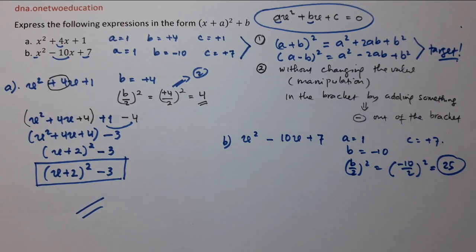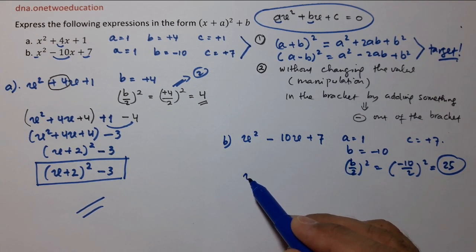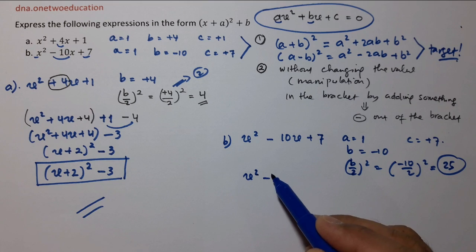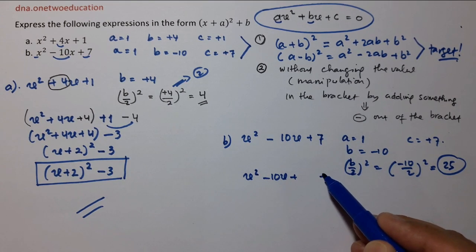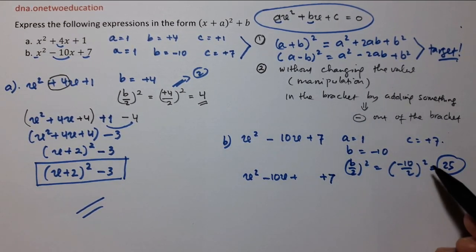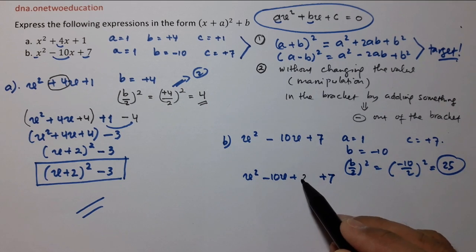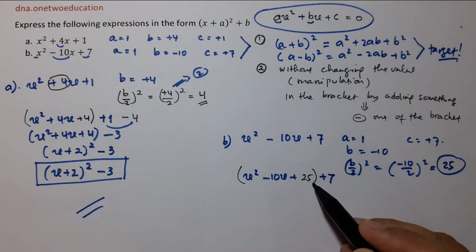Students, try to separate the quadratic expression: x squared minus 10x plus something, and then plus 7. Just put 7 separately here. Then add 25 here, because (b/2) squared is 25. Copy it and put the bracket.